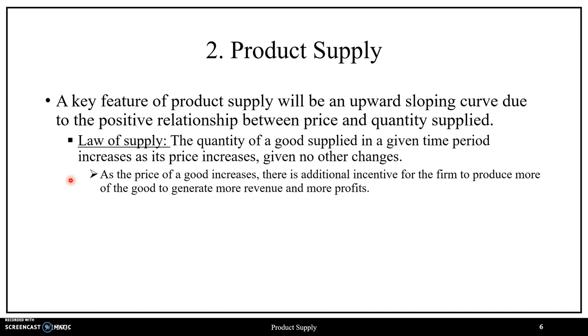And the additional argument is that if a firm decides to produce more of a good or service, to produce more means to use more factors of production such as labor or capital, which means higher costs. So to be able to cover producing more of a good or service and cover those costs, a firm has incentive to increase the price point to be able to cover those costs.